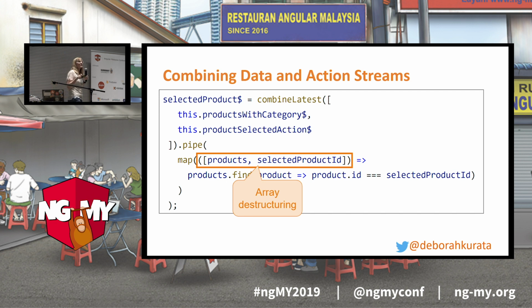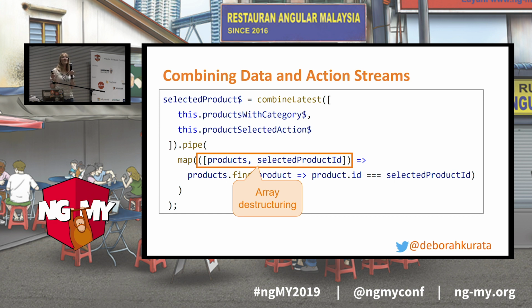That again is our product stream with our mapped category name instead of the ID, along with our new product selected action stream. So what we get out of that then is an array where the first element is the products, and the second element of that array is the selected product ID. So we again use array destructuring to give them good names, make the code a little easier to read.